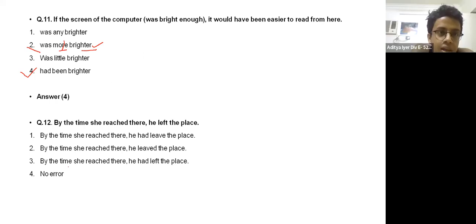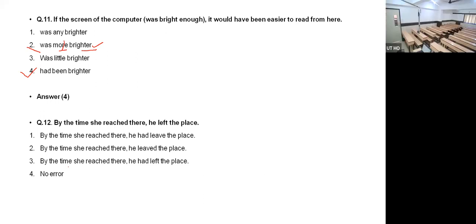And I'm asking, what if the option had been given, "if the screen of the computer were brighter"? Were brighter would be correct. But I was looking for were, and were is not there. So we won't go with anything that has was. Had been brighter is correct. Okay.